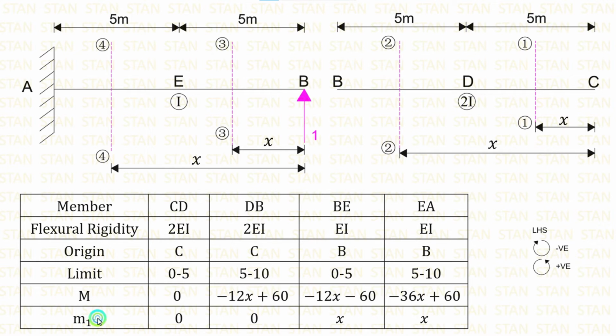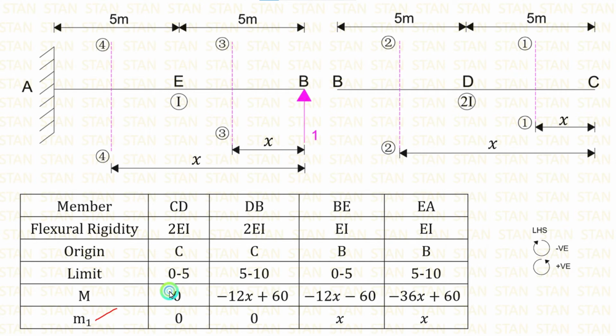Now let us find M1 for BE. Up to the section we have only one load, that is the unit load. This load is acting in the anti-clockwise direction, so it will be positive and the distance is x. 1 into x, we will get x.